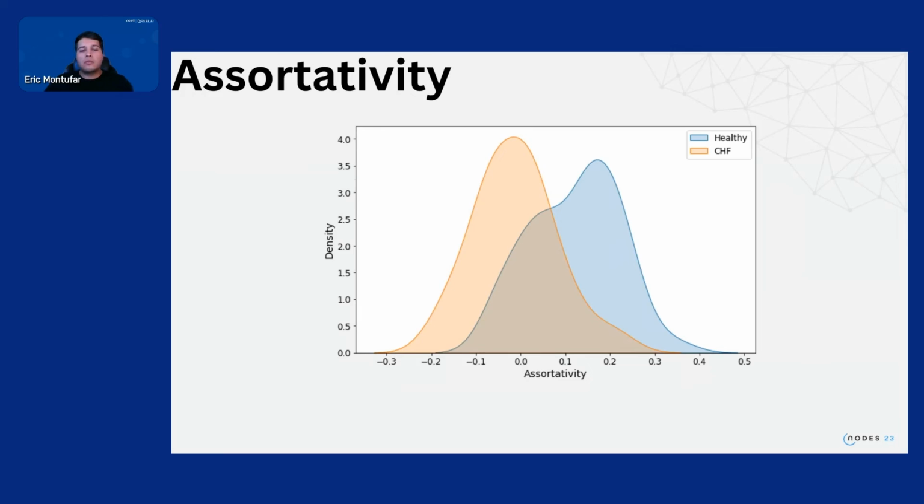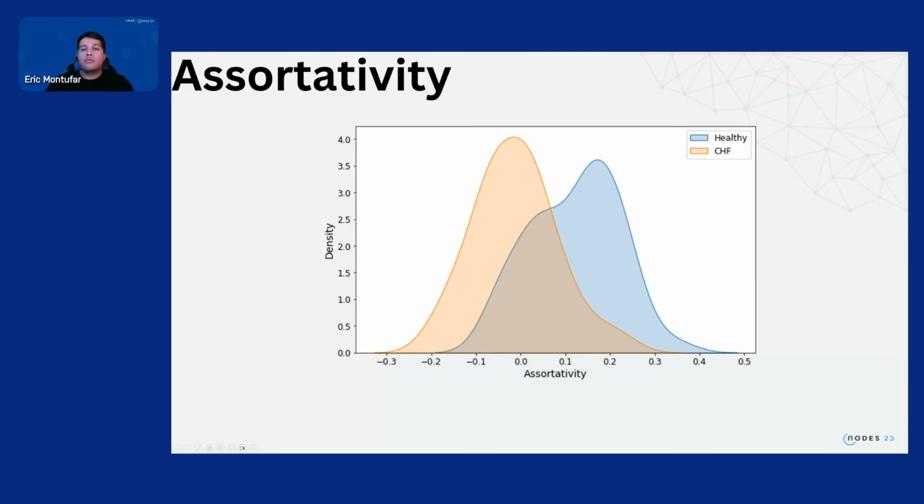And something that was even more interesting was assortativity. I measured assortativity, which means that well-connected nodes in the graph tend to connect to well-connected nodes, and that means that assortativity is positive. Otherwise, when it's negative, that means that well-connected nodes will connect with not so well-connected nodes.